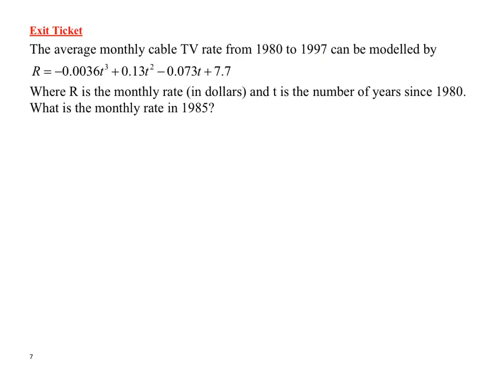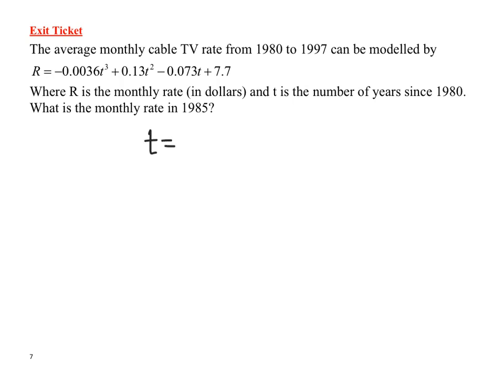And now this is the last problem, and here you're given an application problem, and you're told the average monthly cable rate is given by this equation, and R is the monthly rate in dollars, T is the number of years since 1980. So what is the monthly rate in 1985?